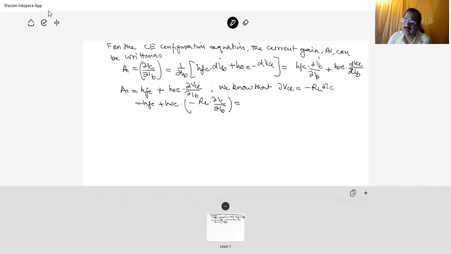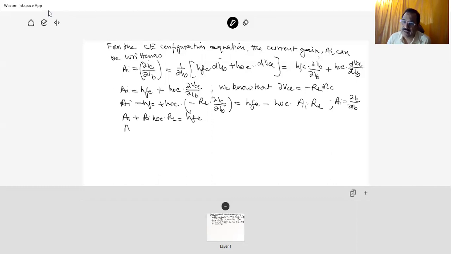This is nothing but HFE minus HOE into RL into AI, because AI is equal to delta IC upon delta IB. So AI plus AI HOE RL is equal to HFE.